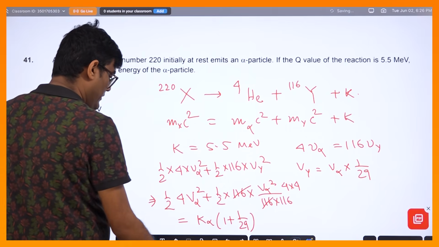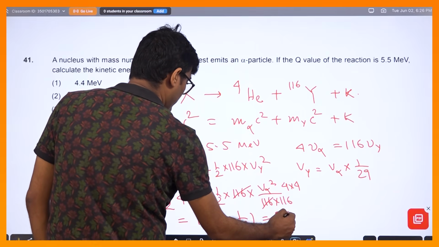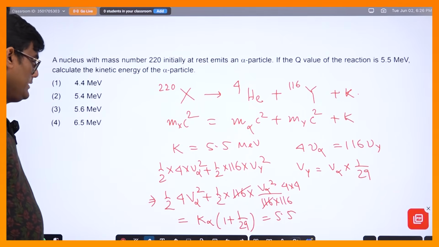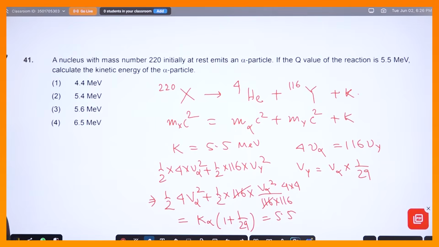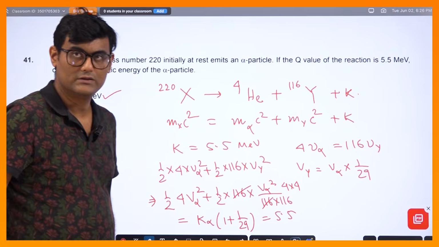So it is 30 by 29. That is equal to 5.5. You can calculate K alpha. I think it is 5.5 into 29 by 30. Very close to 5.5, but 29 by 30 means just less than 5.5. I will mark 5.4 for this question.